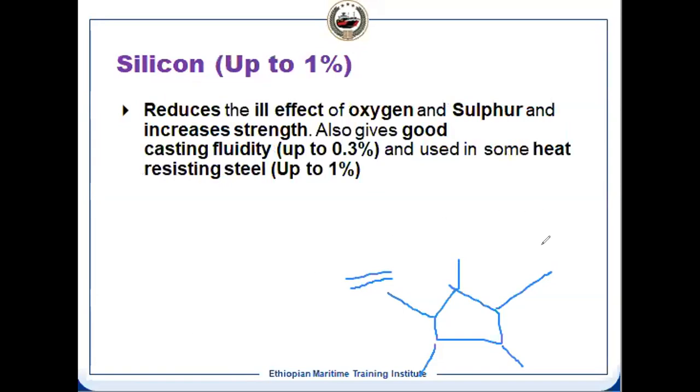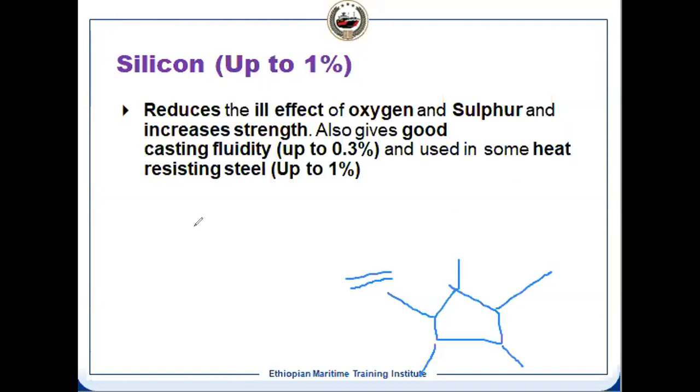Silicon is another alloying material we do use, 1%. Once you add silicon, the oxidation reduces, and the sulfur also, because of which the strength is lost. That also is improved if you add silicon. Another thing, this silicon helps us in casting. In casting, you are melting the metal and then you are pouring.